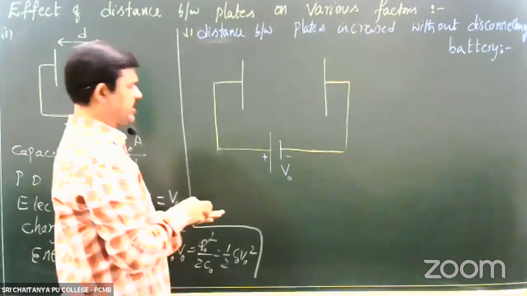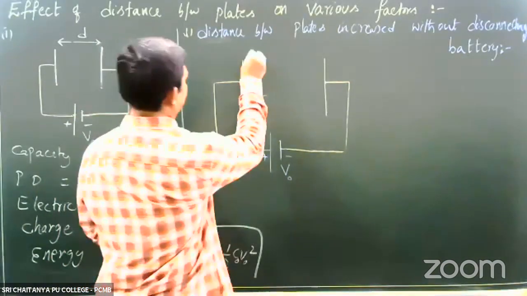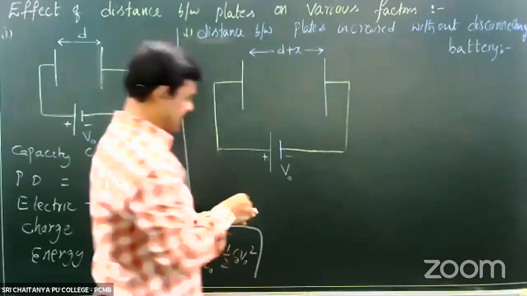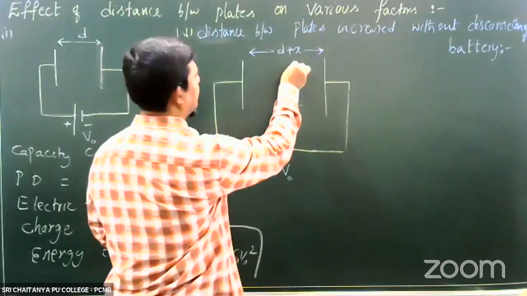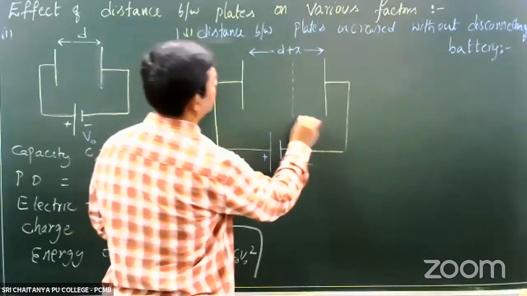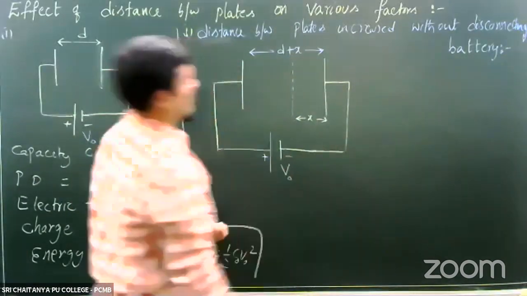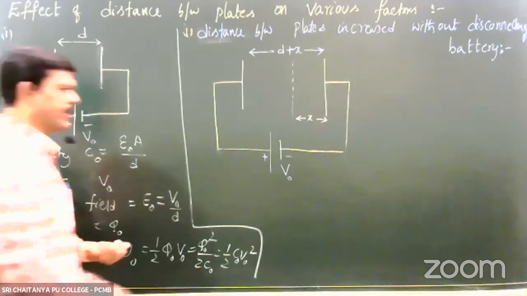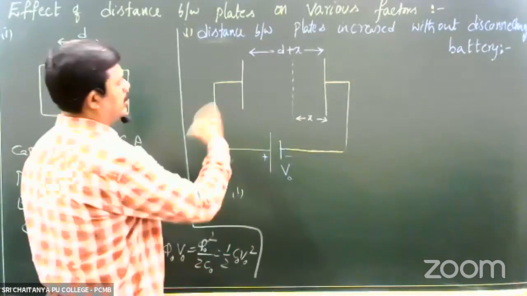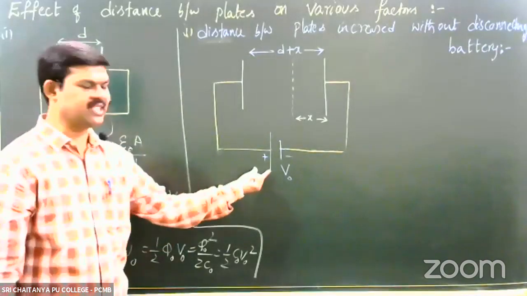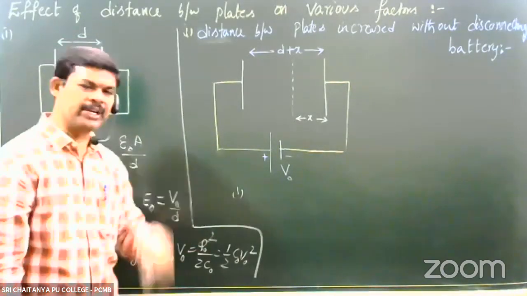But here, what is the change we observe? Separation is increased. Initially it is here, now this much separation is increased. Whenever separation increases, tell me one by one, what happened to capacity? The condition is without disconnecting the battery; battery is still in connection.